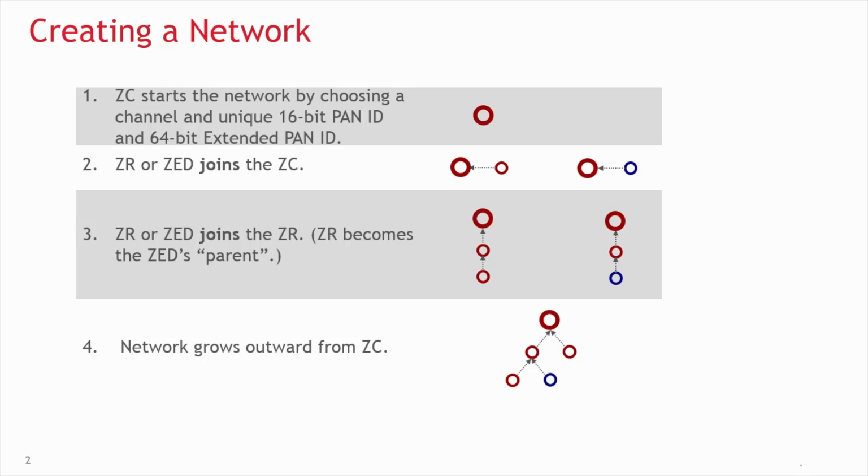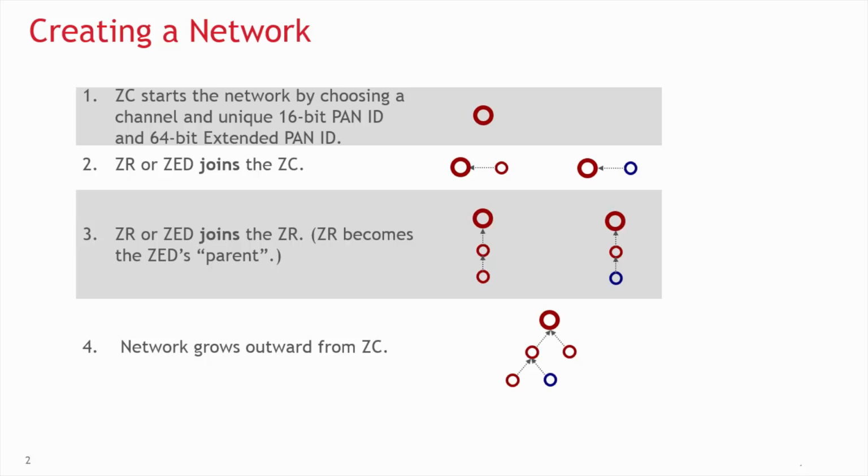Then the coordinator is responsible for choosing a unique 2-byte PAN ID as well as a unique 64-bit extended PAN ID. If you recall from our last presentation regarding PAN IDs, the short PAN ID is generally used to divide the network, but in case a conflict arises, the extended PAN ID is our backup scheme.